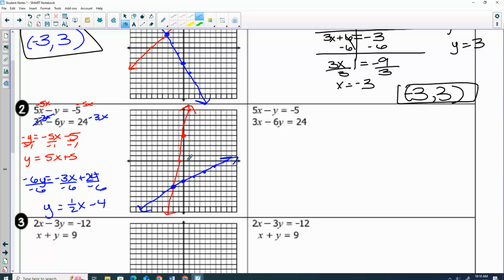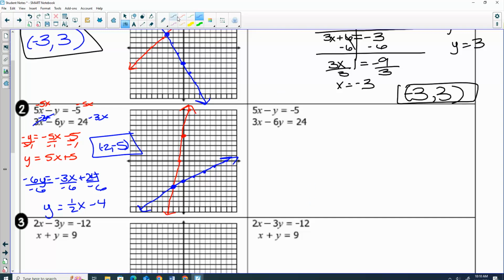What's this point? Negative 2. Uh-huh. And the y is negative -5. All right.